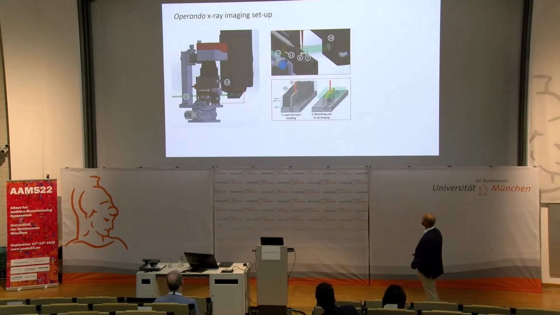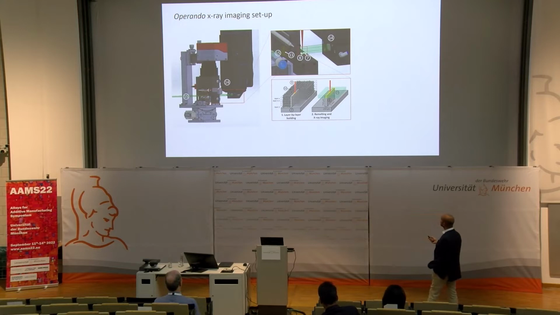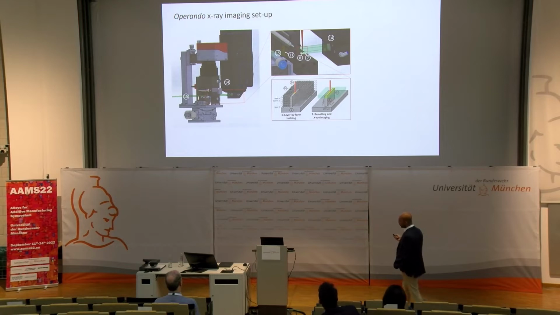So this is the setup of the Operando X-ray imaging that we employed. Stephen also explained a bit the part of the diffraction, where you can create walls. So you build a wall and then we cleaned it from powders around it. And we went in the transmission mode at 0 degree.